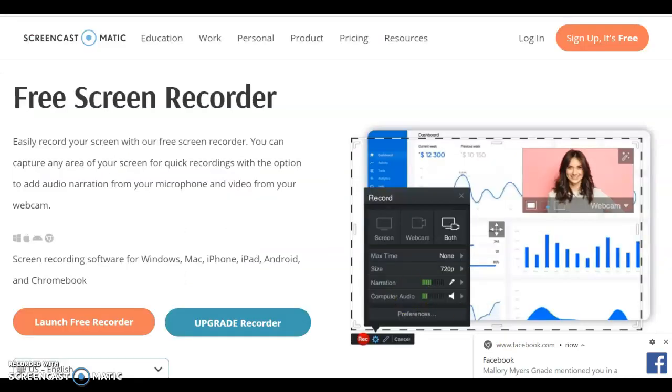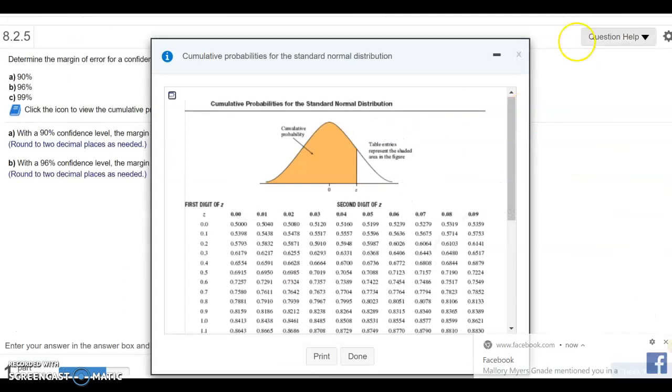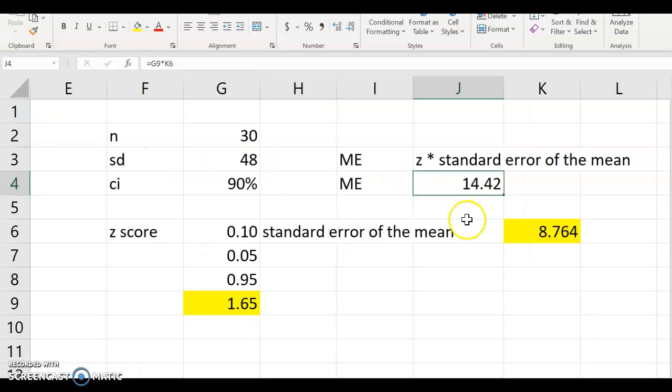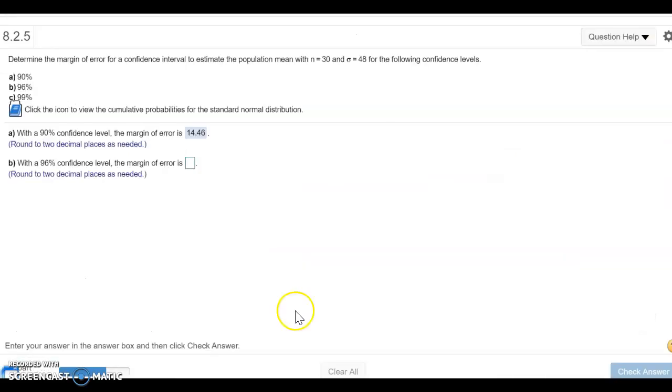So your final answer is going to be, hold on, let's see what I did wrong here. 8.764. Let me just put the values in. 1.65 times 8.764. So you get 14.46, which is what we got. So let me know if you have any questions.